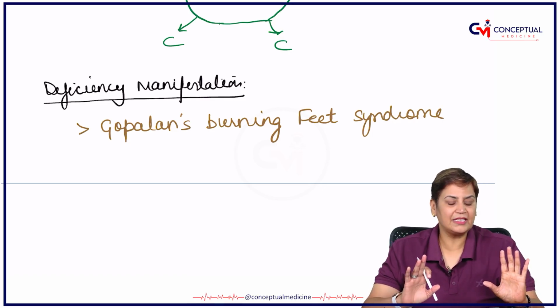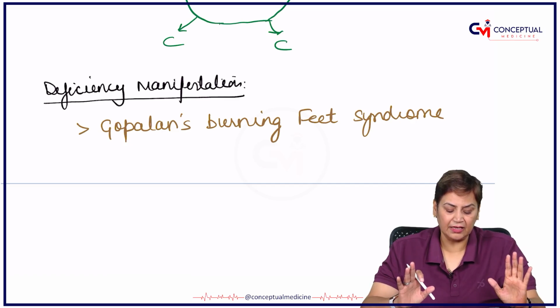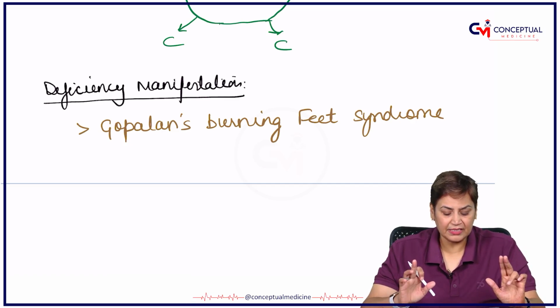So I can say, if we have to talk about the energy releasing vitamins, we can simply say B1, B2, B3, B5. These are the energy releasing vitamins.